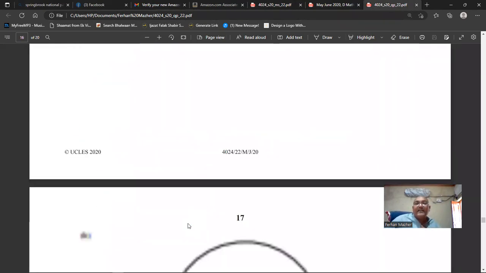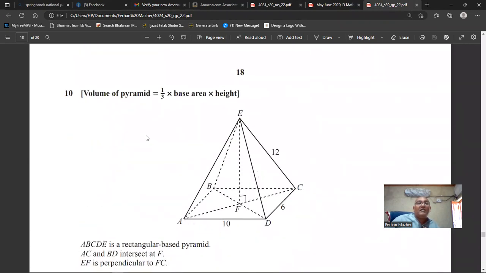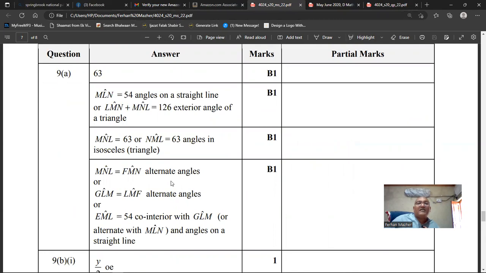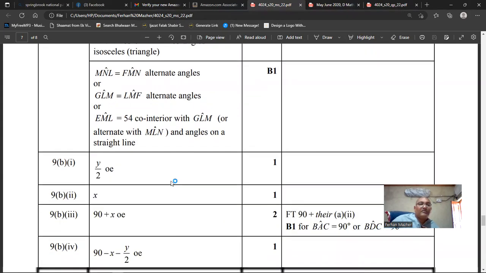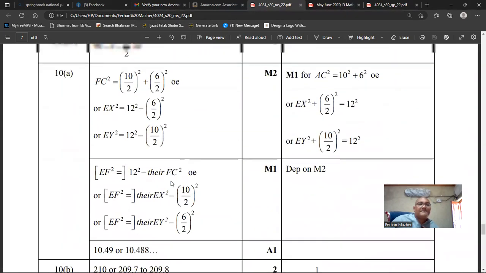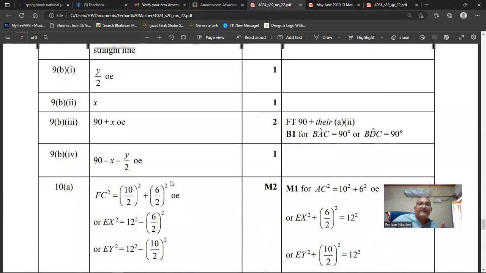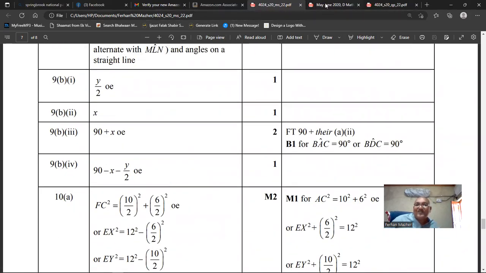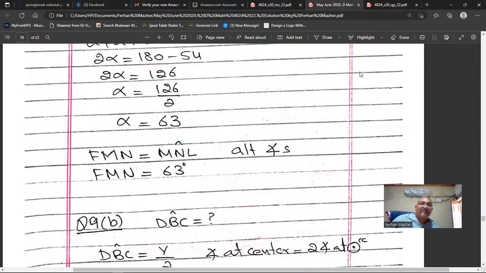We have done 9A, we have done 9B. So in the marking scheme, okay. The A part answers, the B part answers. Okay, I got confused. Okay, I thought we have missed something.